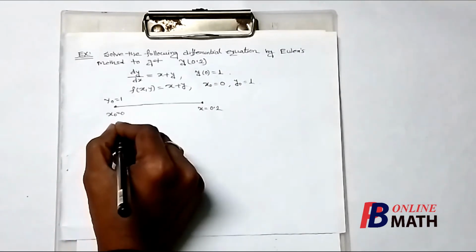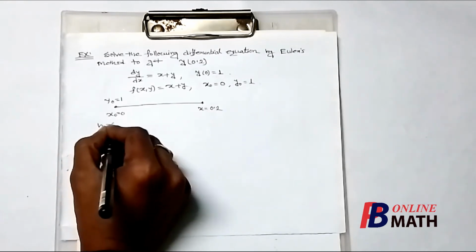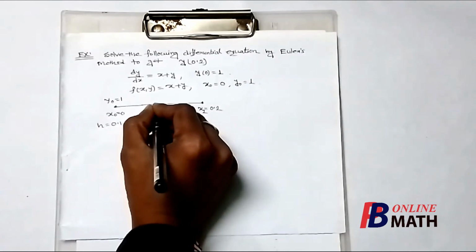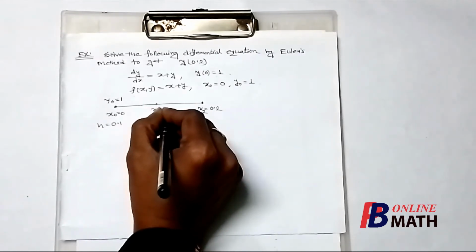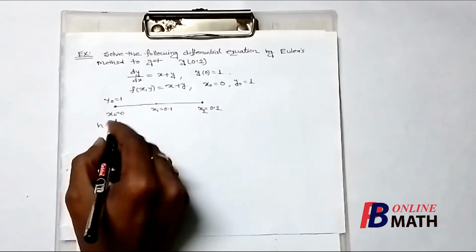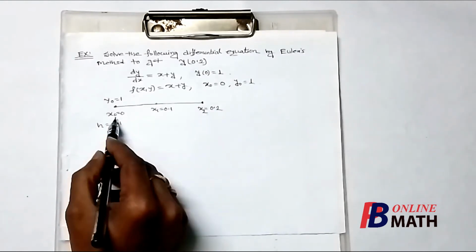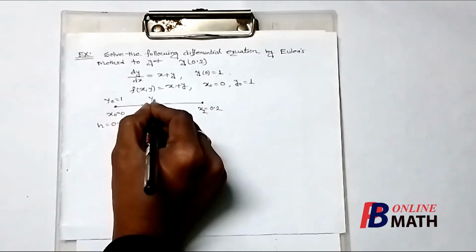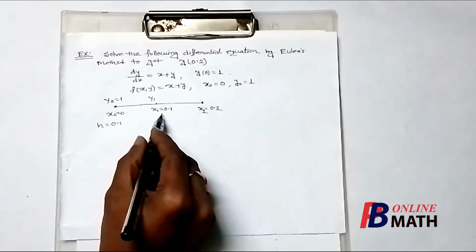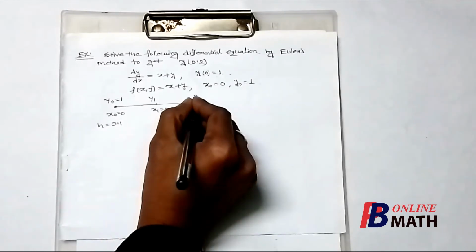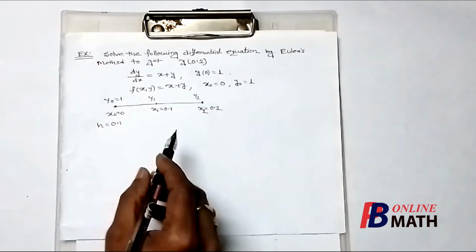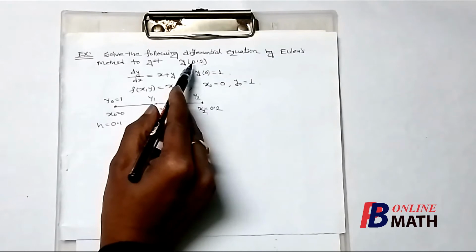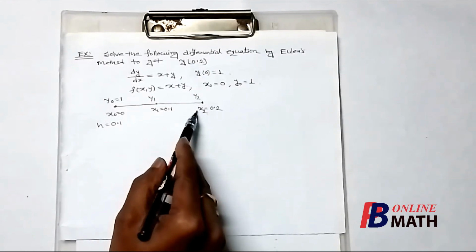So if we assume that h equal to 0.1, then this point will be x2 and this one will be x1, which will be equal to 0.1. So x0, x1, x2. Now using this data, we shall find the value of y1 at the point x1, and then we shall find the value of y2 at the point x2. So we need to find the value of y2, that is the value of y at the point 0.2, that means at the point x2.